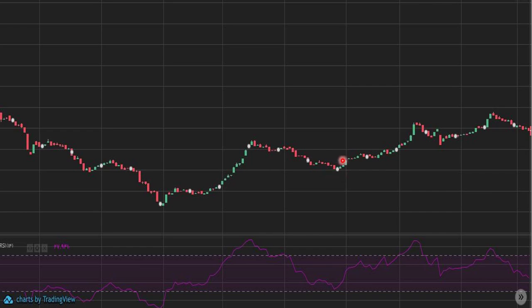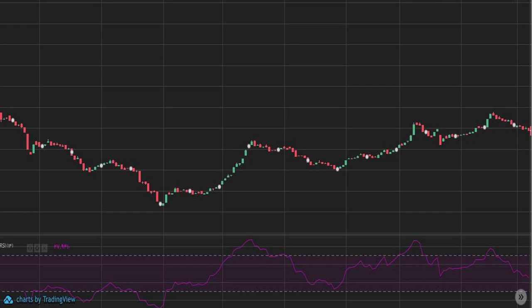Here you can get a buy position if you have confirmation for this buying position from other indicators, trend lines, or other tools that you can use for technical analysis.